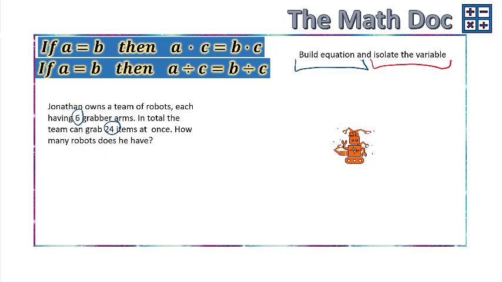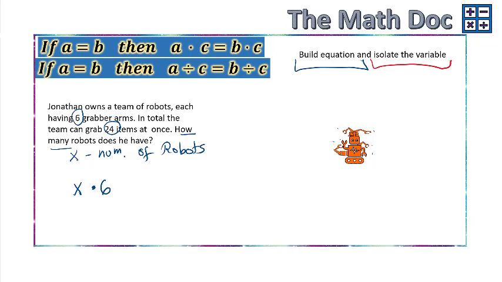The question is, how many robots does he have? So this is our x, right? Number of robots. Okay, so what do we know? We know that he has x robots. Each robot has 6 grabber arms, right? So in total, we have x times 6 grabber arms, right?